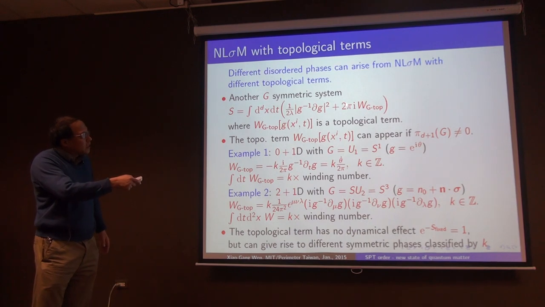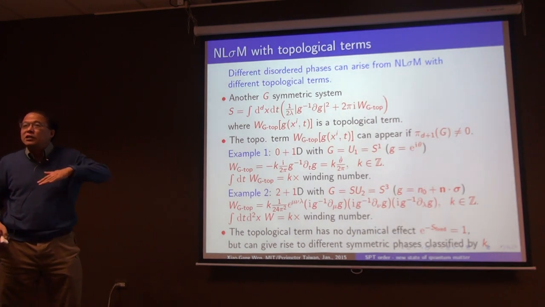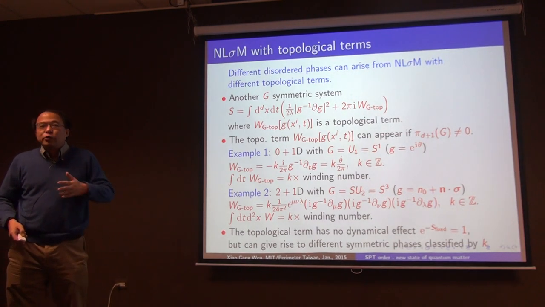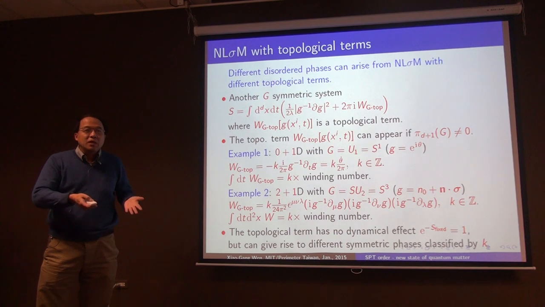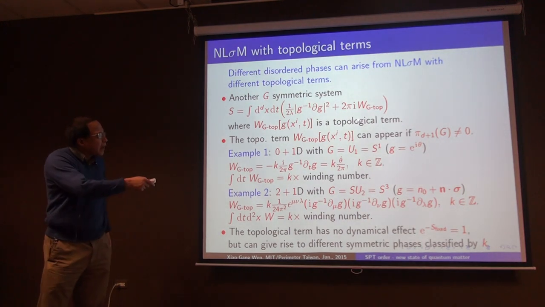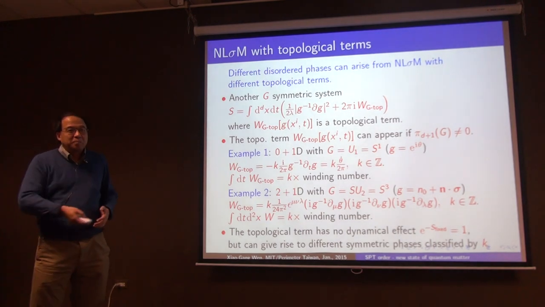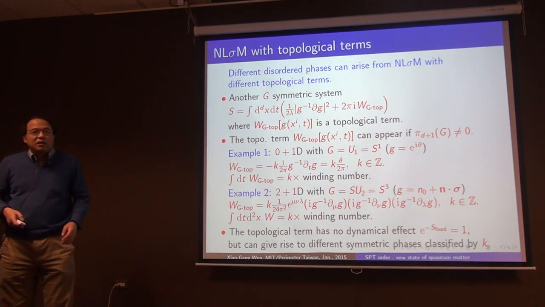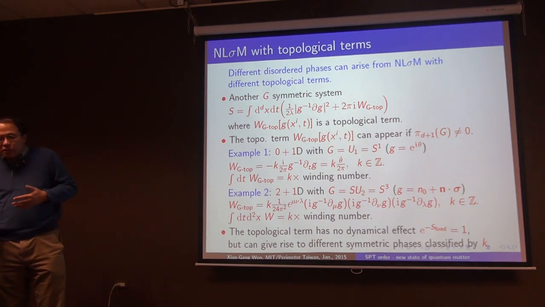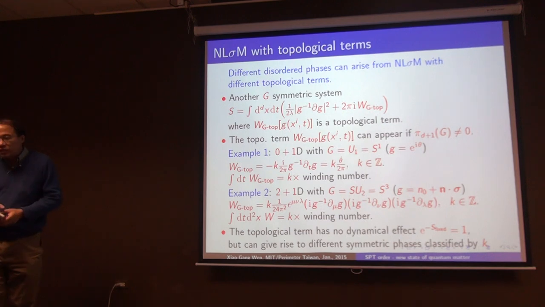But the topological term is purely imaginary. This is very important. In the action, there's a term which is real and dynamical, like a potential term, and a term which is purely imaginary, that we call the Berry phase term or topological term. The topological term is always purely imaginary. Because of this, discretizing imaginary time is okay.